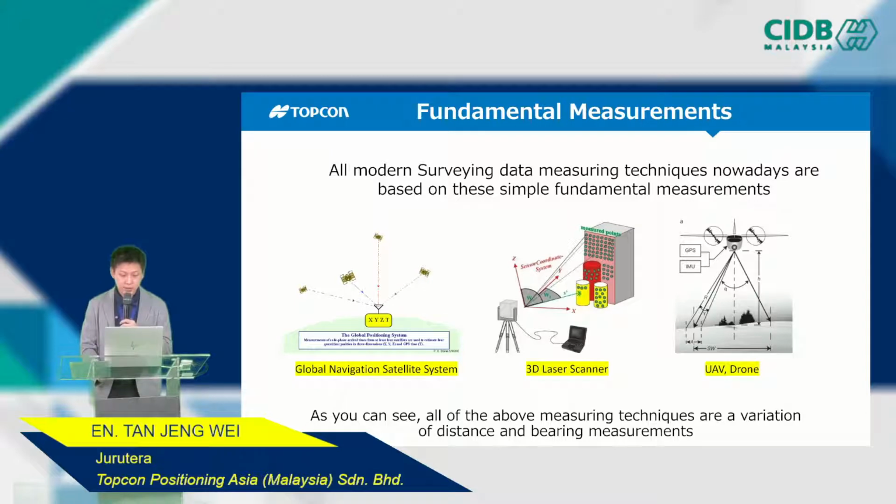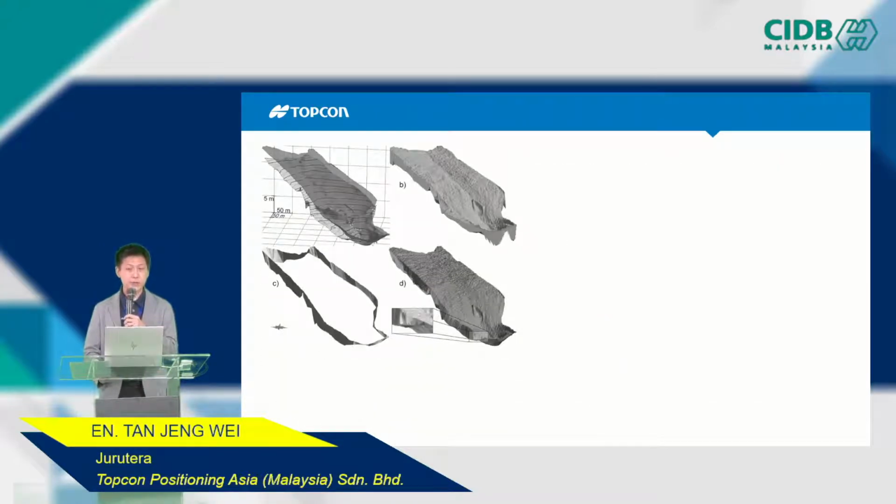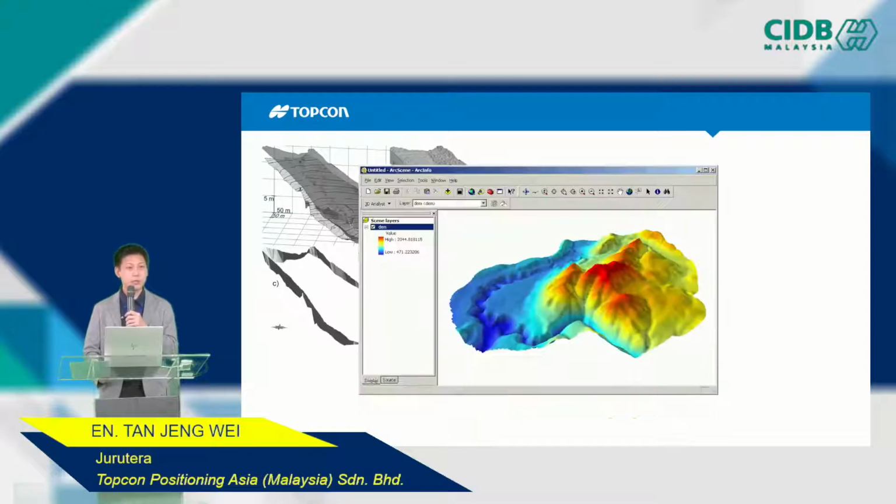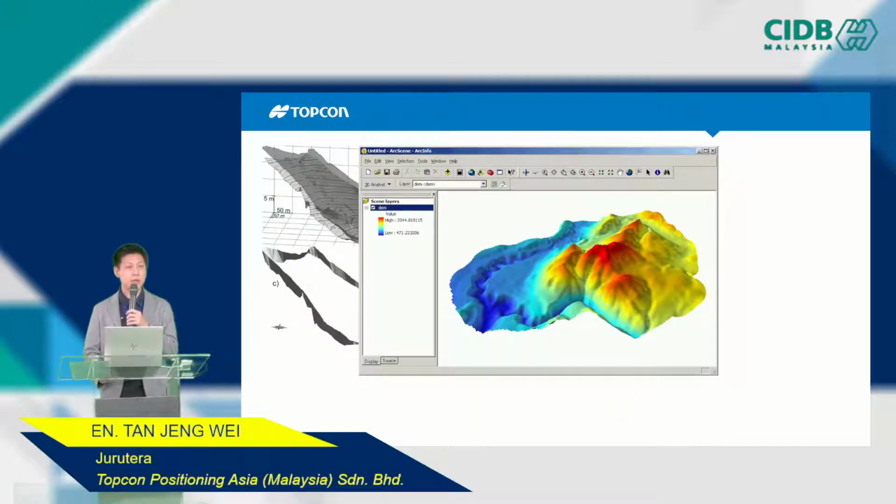As you can see in the pictures here, the global navigation satellite system, laser scanner, and UAV or drones are all based on these fundamentals to collect survey data. These are some examples of the surveying data it could be: terrain and topography.